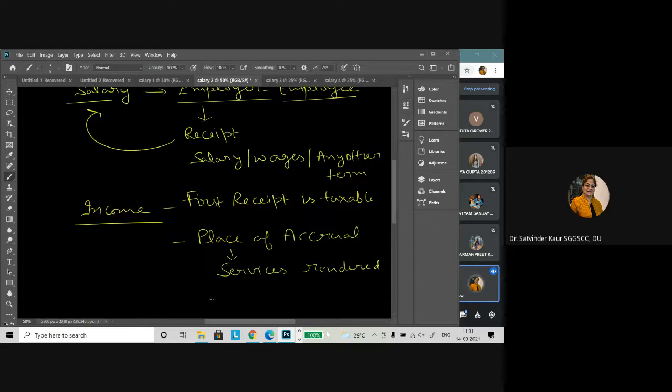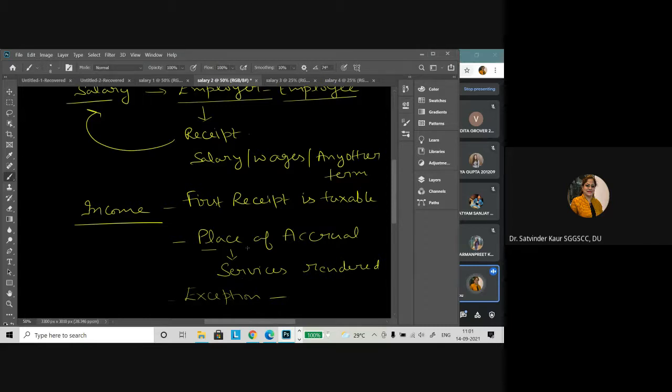So in this situation, we have to see that the income or salary is generated where the services are being rendered. But there is one exception. We have discussed that if a person is an Indian citizen, rendering his services abroad, and the salary is paid by the government of India, then such salary is taxable in India and will be considered as deemed to accrue or arise in India.